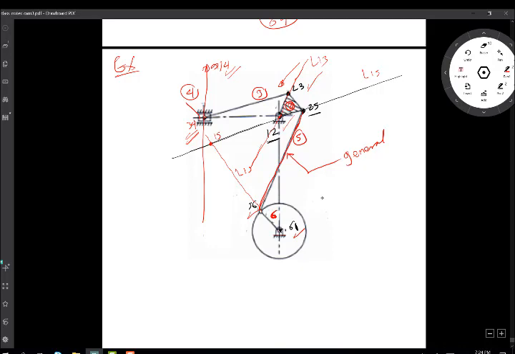So this will give you another locus for 1,3. So you can tell that 1,3 is going to fall on the intersection of these two lines. So 1,3 will be over here. That's 1,3.